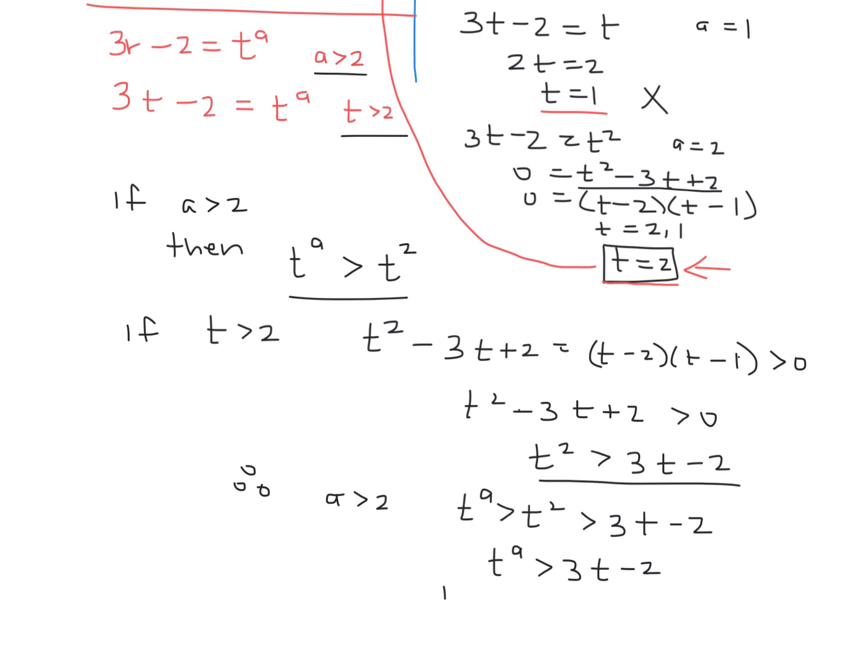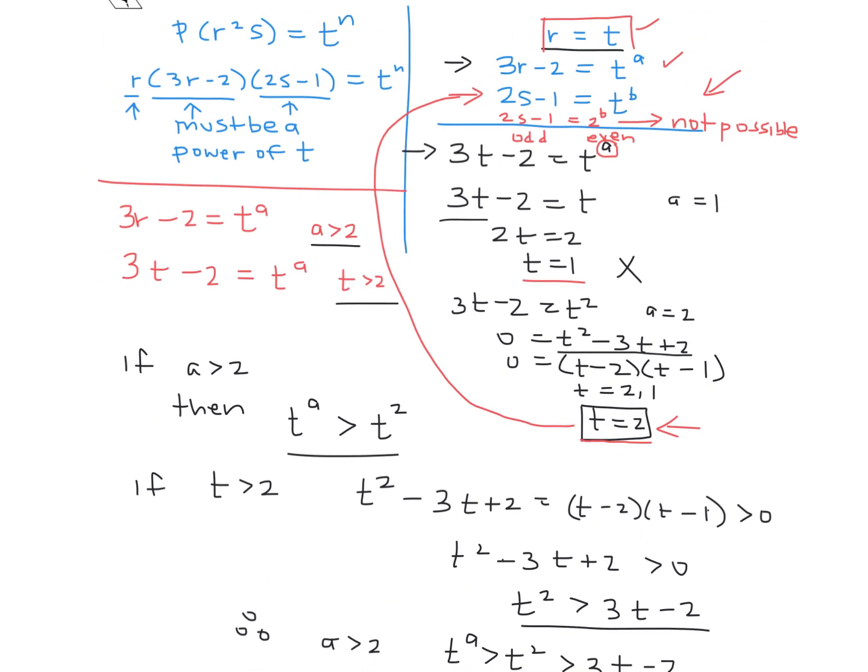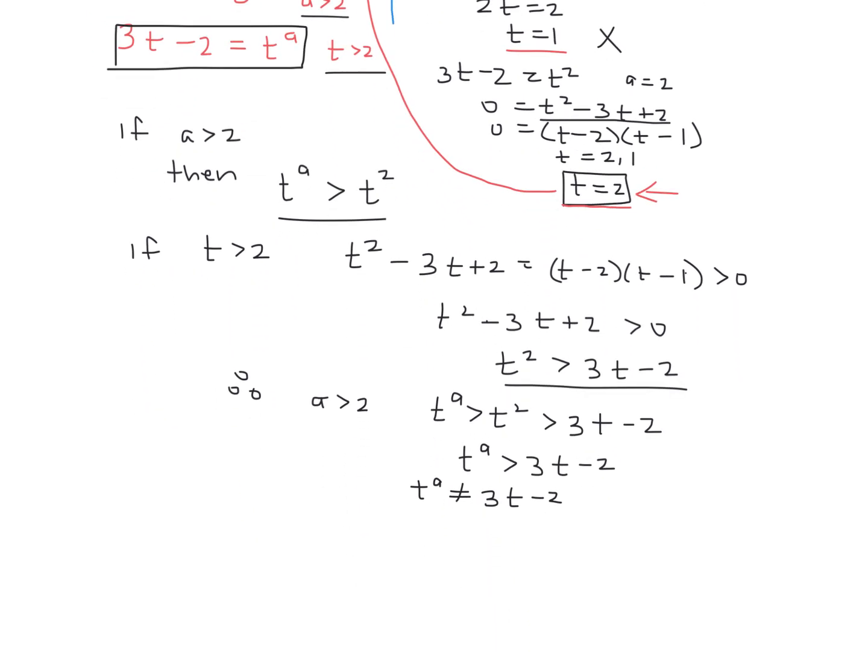And therefore t to the power of a could not be equal to 3t minus 2. So this equation up here, which was this initial one, cannot be true, because t to the a will not be equal to 3t minus 2, and we want it to be equal.